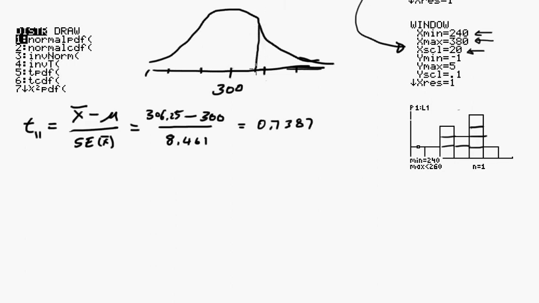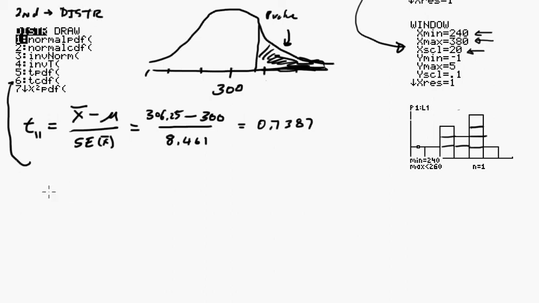So if that's one standard deviation away, this is going to be right about there. So we're going to have a big p-value, aren't we? You can tell already. So for the p-value, we have to use t-CDF. If you do second distribute, DISTR, you get this menu.